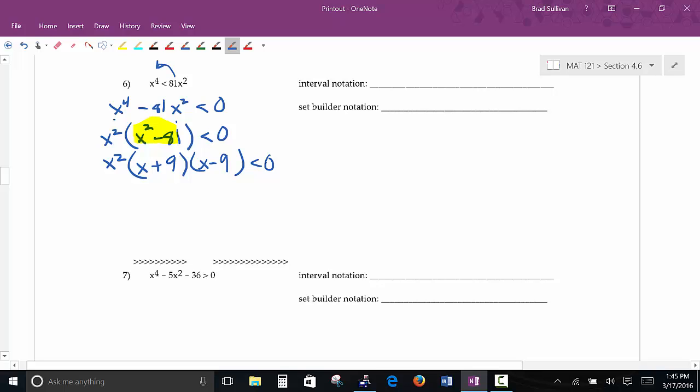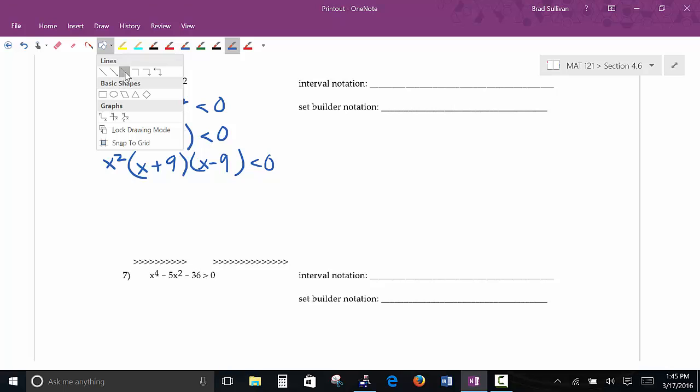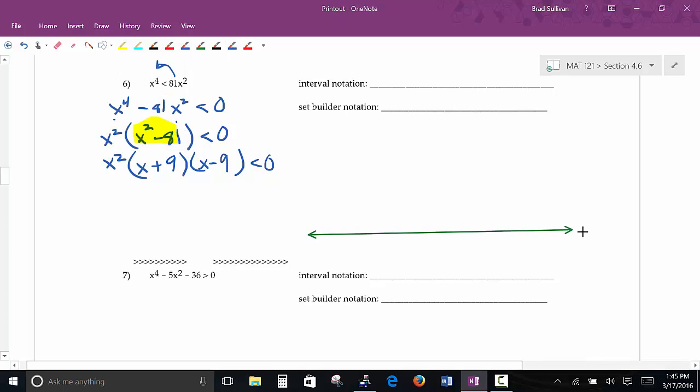Okay? Now we're going to solve this problem not graphically. We're going to solve it with a sign chart just for something different, because there's two ways to do this. So what I'm going to have you do is draw a line, like we did sign charts earlier in the last section. And now what you want to do is look at your zeros. So that's going to be x equals 0. This is going to be x equals negative 9.